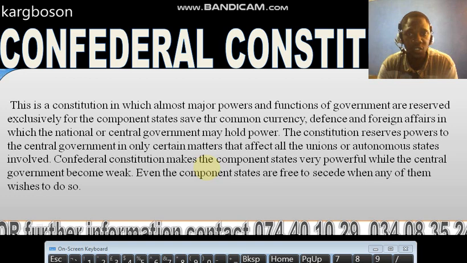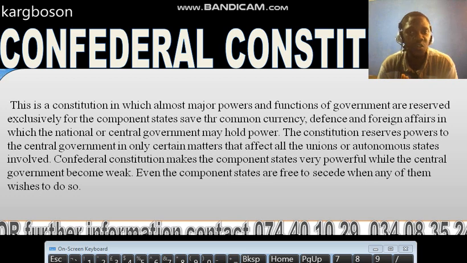We also look at another form of constitution called the Confederal Constitution. This is a constitution in which almost all major powers and functions of government are reserved exclusively for the component states, save the common currency, defense, and foreign affairs, in which the national central government may hold power.